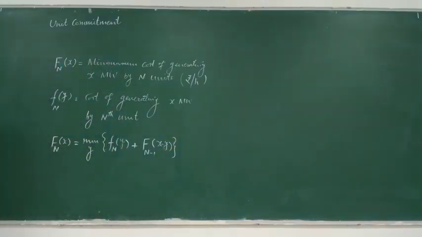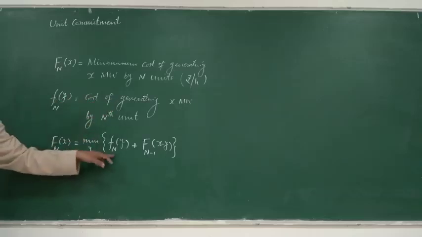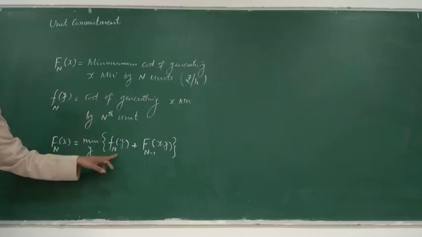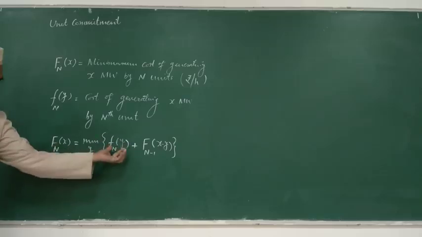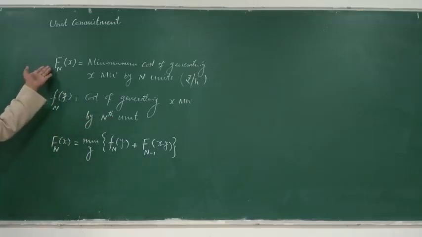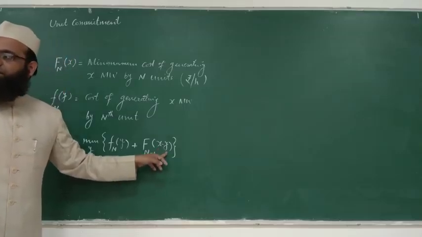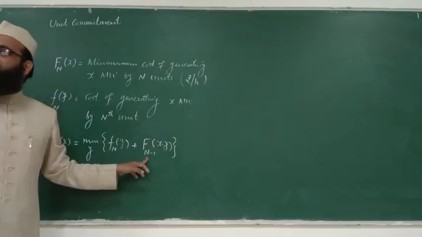Can we write this? The minimum cost of generating x megawatt by n units may be written as minimum, means we have to minimize, our objective is to minimize over y, which is variable, of f_n(y), you know what is f_n(y), the cost of generating y megawatt by the nth unit, plus the remaining megawatts, that is x minus y. So this is capital F, the same as what we have represented, the minimum cost of generating x minus y megawatt by n minus 1 units.